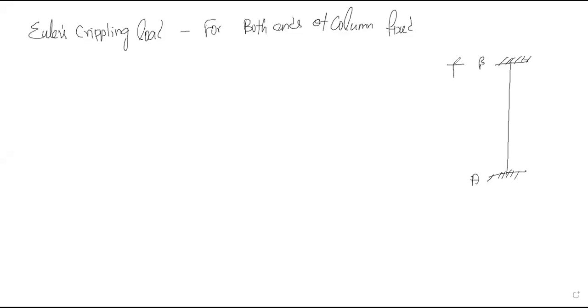The total length of the column is L, and here the crippling load P is acting. So if the load is acting, it is going to have the deflection like this.